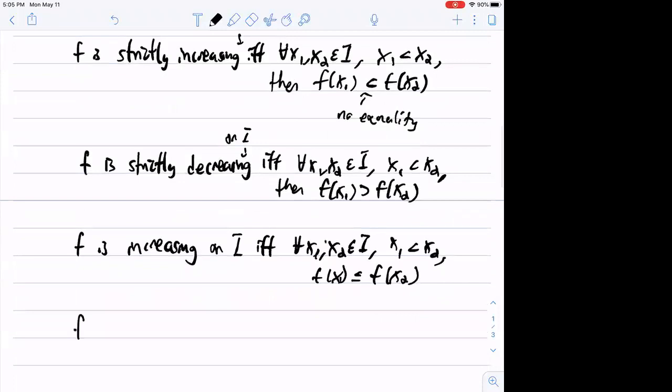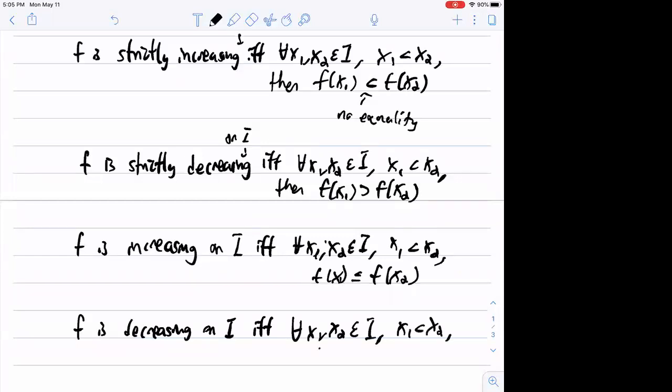And lastly, decreasing: bigger than or equal to.